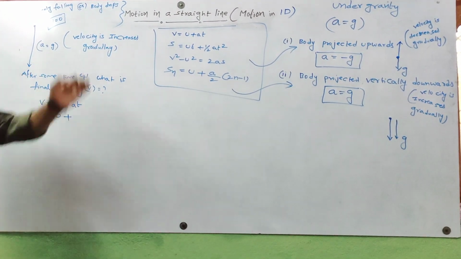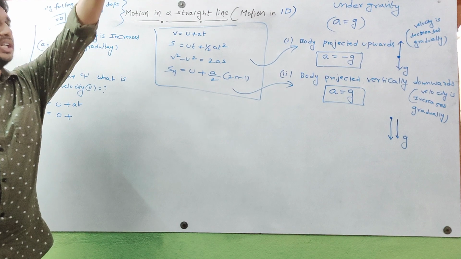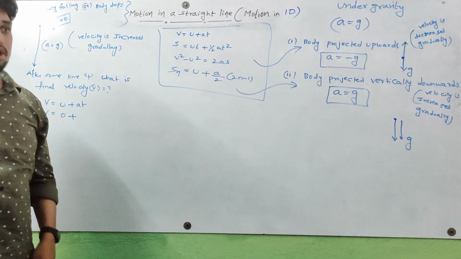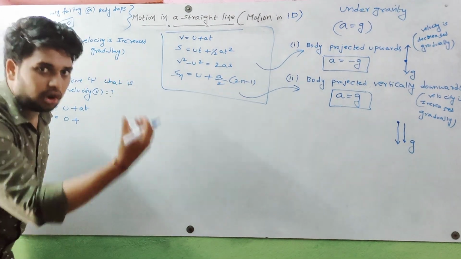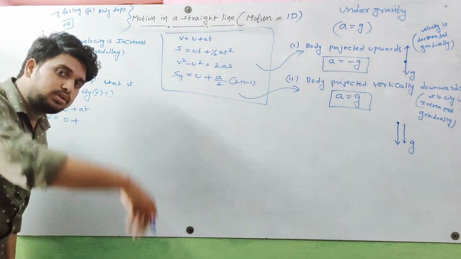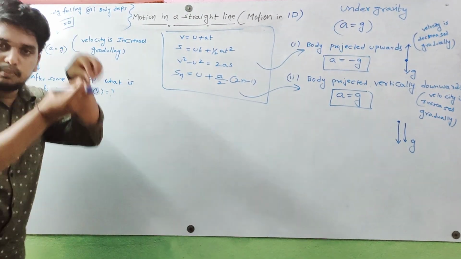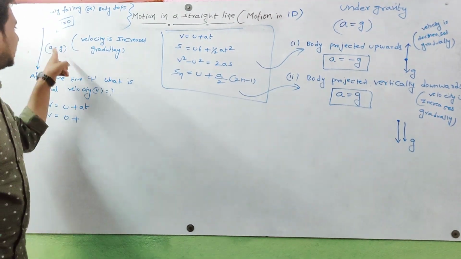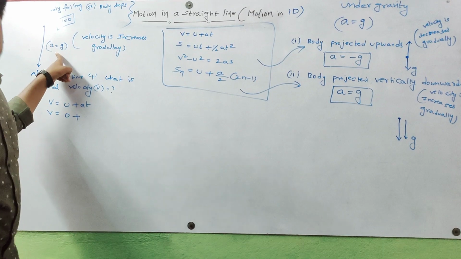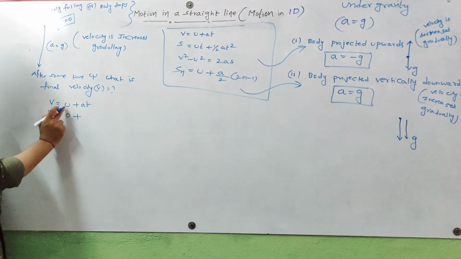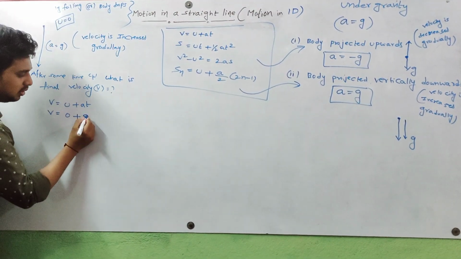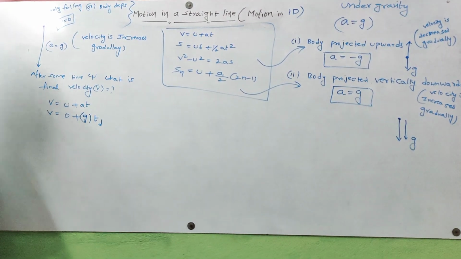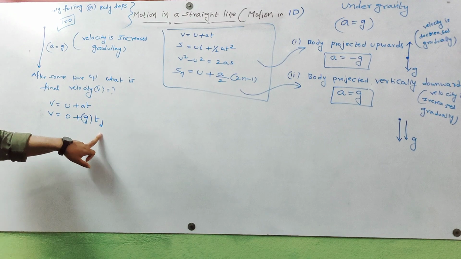This is very important: for a body projected downwards, acceleration due to gravity is plus g, because the gravitational force acts in the downward direction and the body also moves downward. Both move in the same direction. That's why we consider a equal to plus g, and t is nothing but TD, the time of descent.